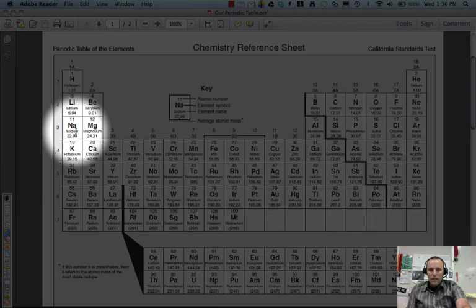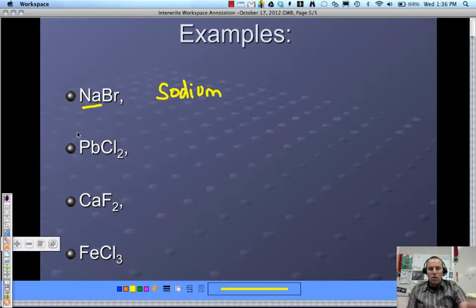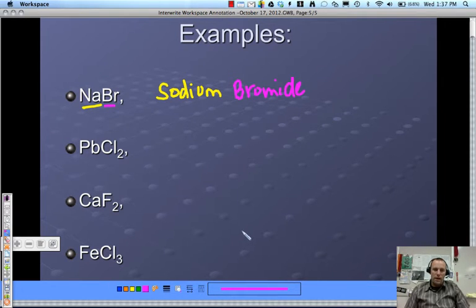So you do not need a Roman numeral. You only need a Roman numeral when you're dealing with an element that's in groups 3 through 12. Okay, the next one is state the name of the second element and change the ending to "ide" if it's a regular element. So bromine becomes bromide. Boom, you're done. That one's called sodium bromide.